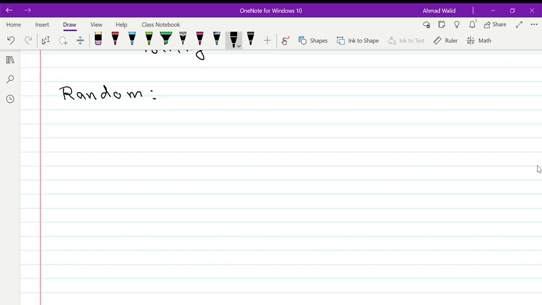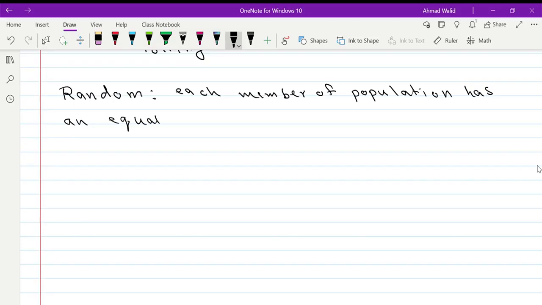Random in statistics means each member of population has an equal chance of being selected in the sample.